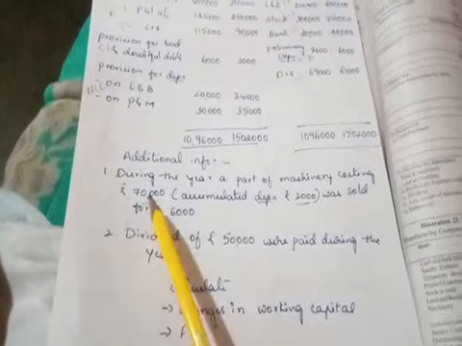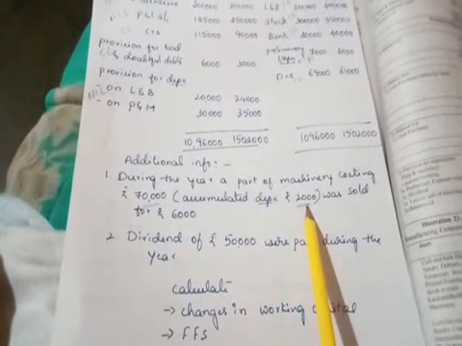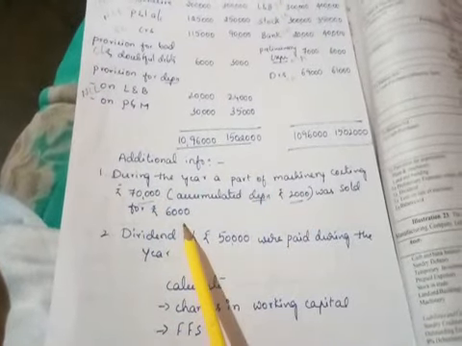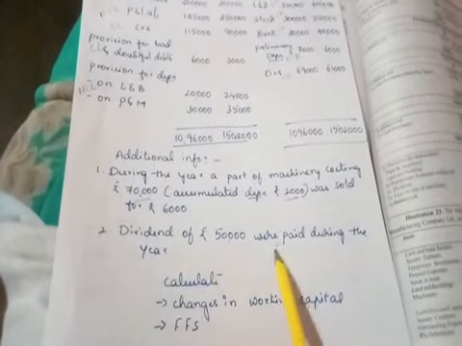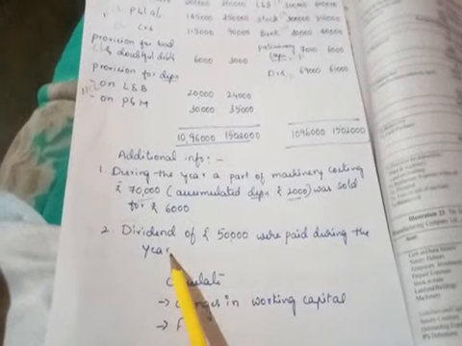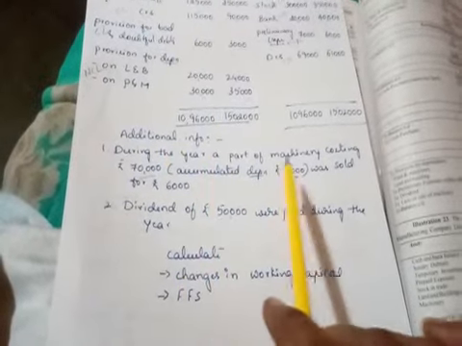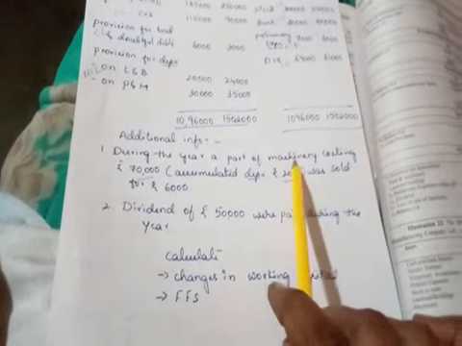Next, dividend of rupees 50,000 was paid during the year. So dividend paid.